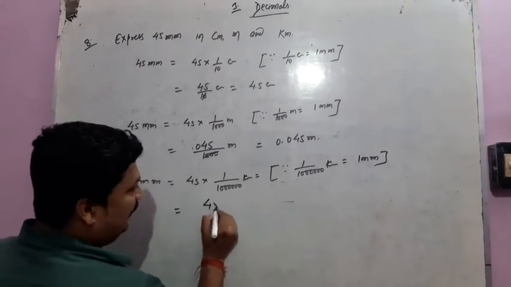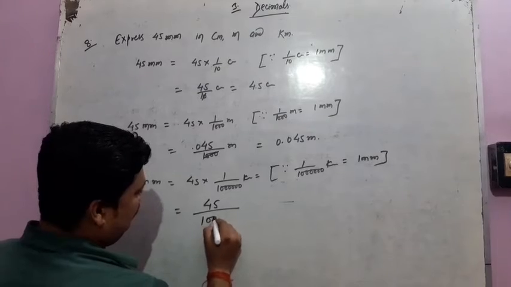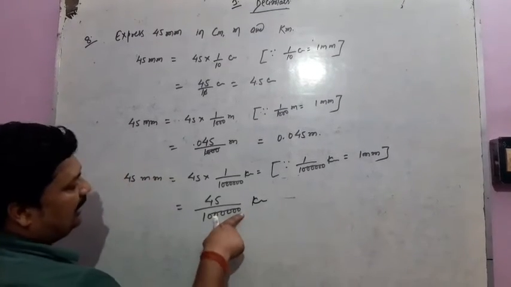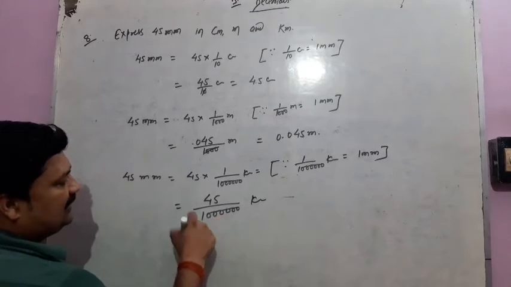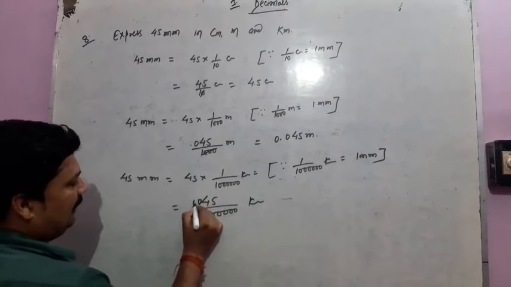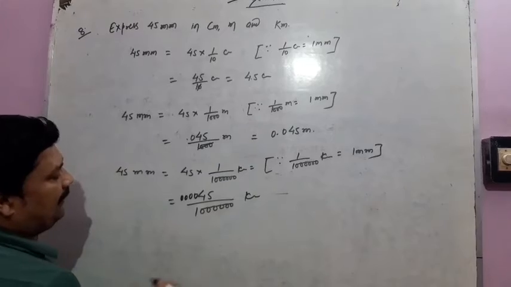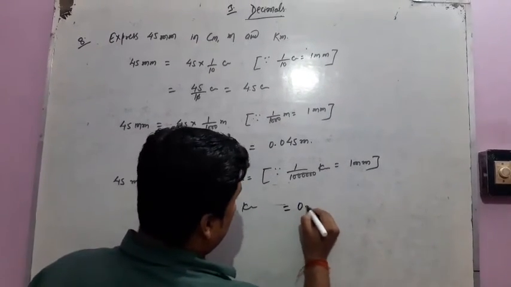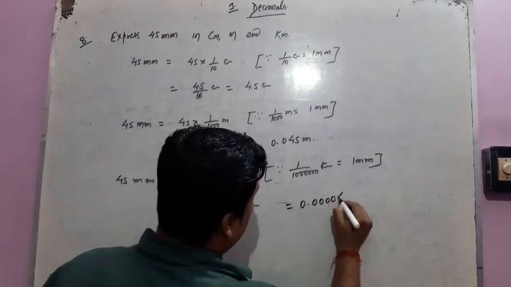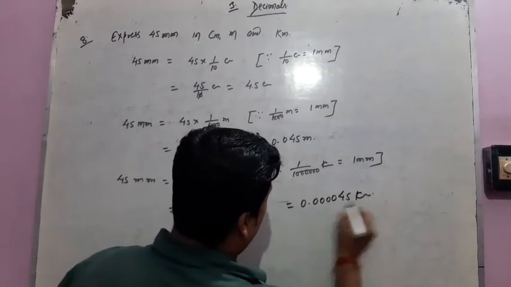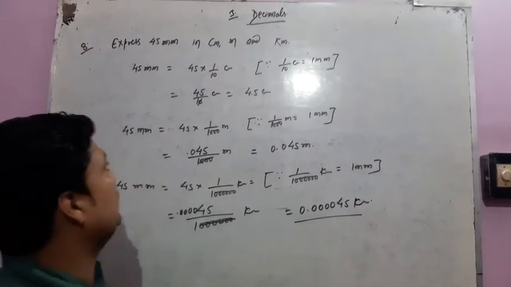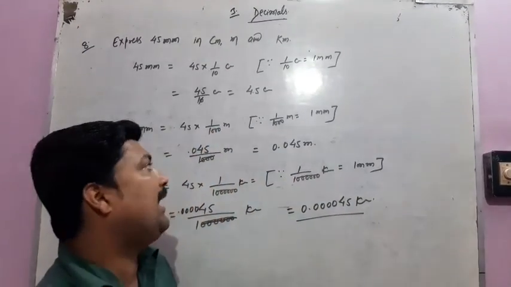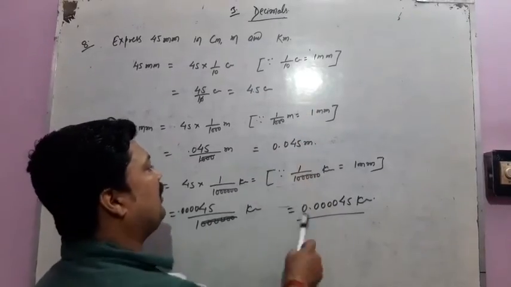So therefore 45 by, now here how many zeros are there? 1, 2, 3, 4, 5, 6 zeros. Here 2 digits only. So we have to mark 4 zeros before the 45. Now these 6 digits will cancel and here this decimal comes. 0.0000045 kilometer. That's the answer. In this way you can change the 45 millimeter into centimeter, meter and kilometer. This you have to remember also.